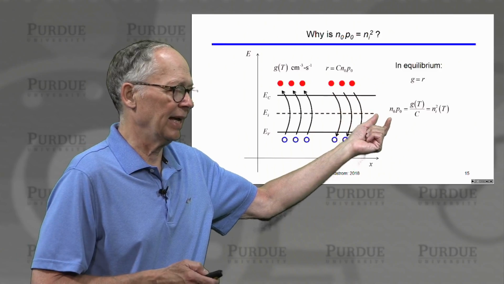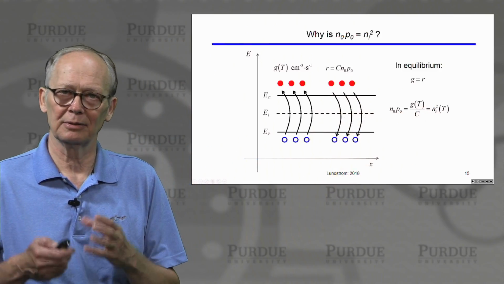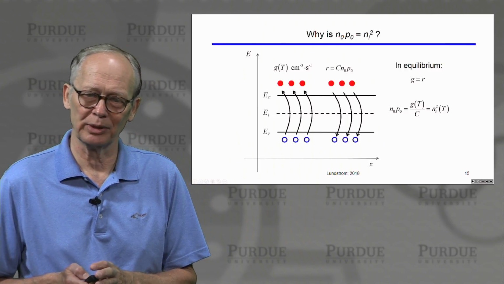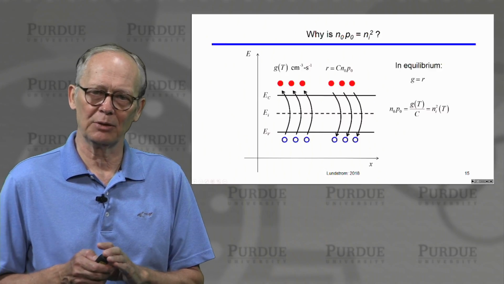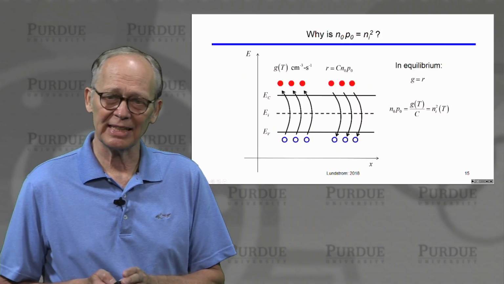So the product of n and p is some material and temperature-dependent parameter. This is what we call the intrinsic carrier concentration squared. So it's really this balance of generation and recombination in equilibrium that explains why np is equal to n_i squared in equilibrium.